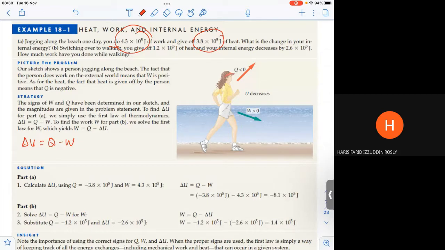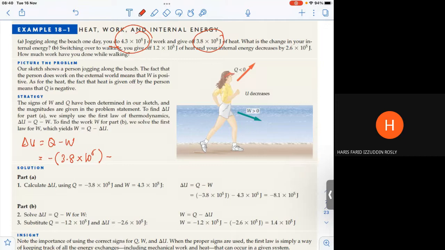So you do the work, according to my notes, that means positive W. You need to put the positive value at W. And then you give off heat. For both situations, survey and my notes, it gives you negative. So at Q you need to put negative 3.8 times 10 to the power of 5. Don't worry, just put negative because that is the original equation.